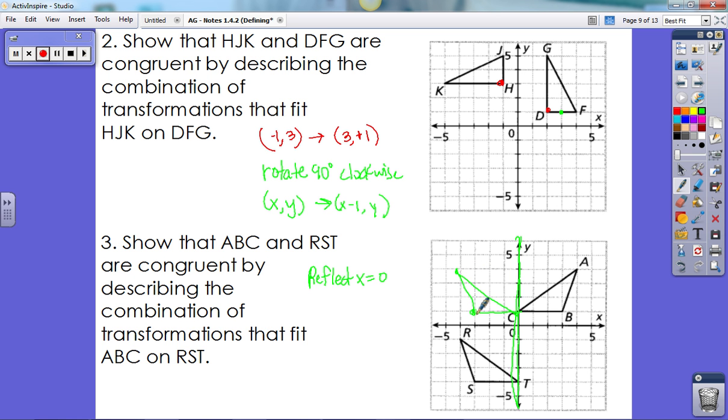And then I need to move it down 1, 2, 3, 1, 2, 3, 4, 5. So I'm going to move it down 5, which would look like this. Okay?